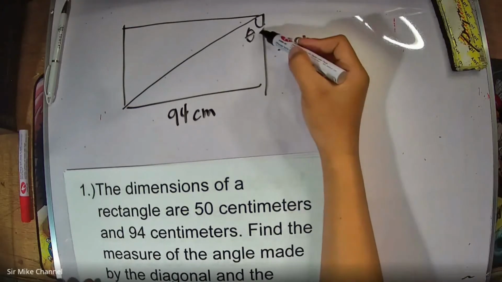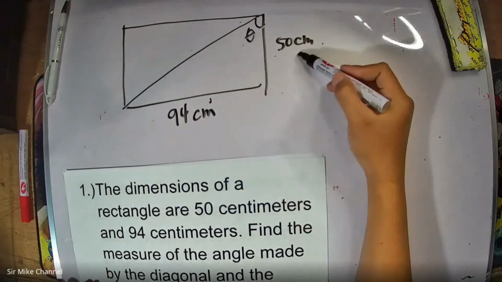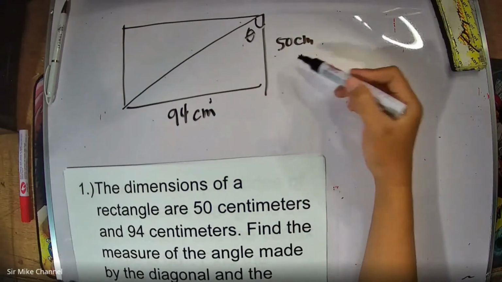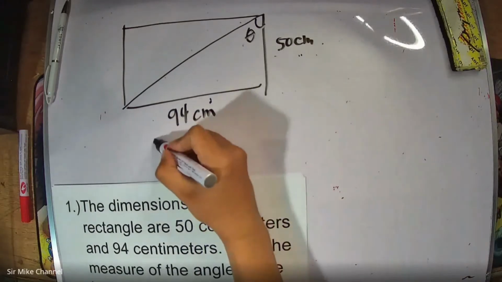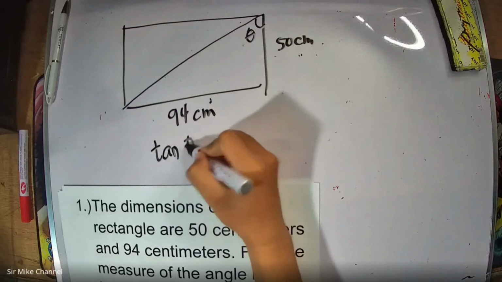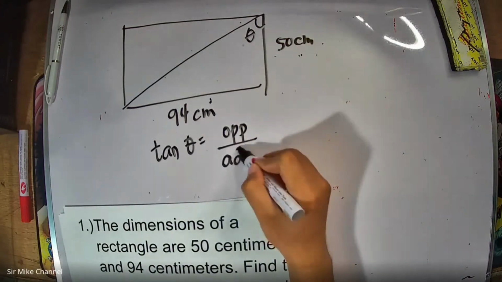This is theta. This will be our opposite, and this will be our adjacent. Opposite and adjacent, so we will use tangent theta, which is opposite over adjacent.